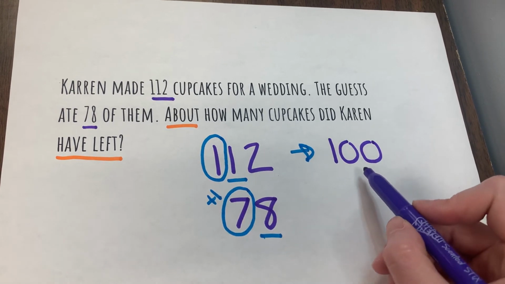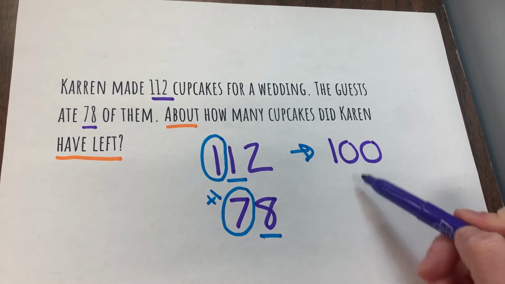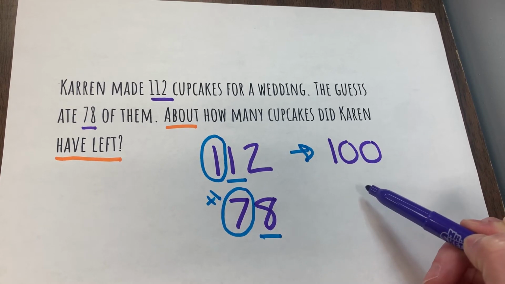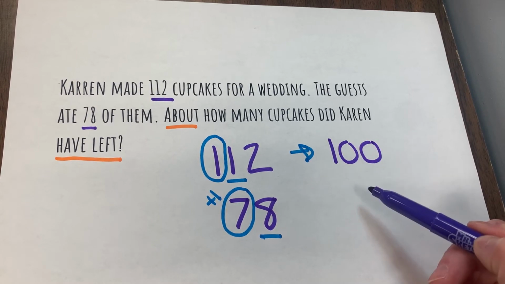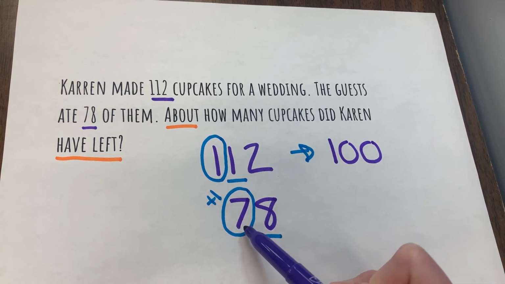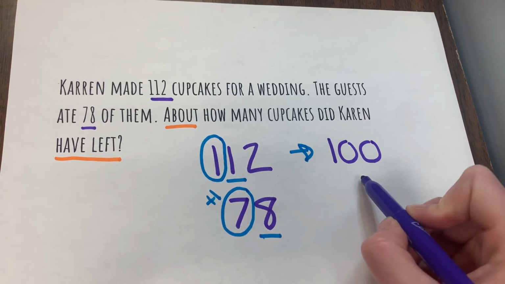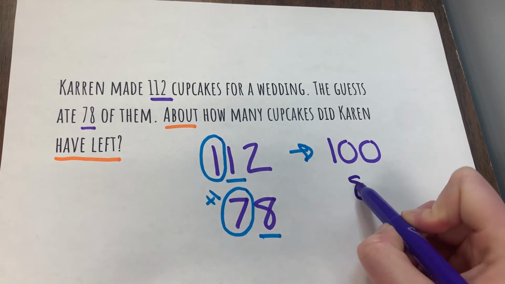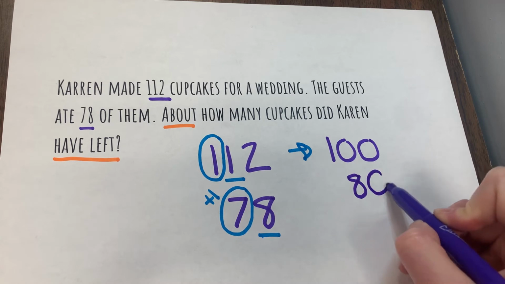Now when I go to write this 8, I want to make sure I'm putting it underneath the tens place. Remember, when writing these word problems horizontally, you need to line up the place values. The 7 is going to turn into an 8, and it's in the tens place. Well, this 0 is in the tens place, so I'm going to put it directly underneath that 0. All the digits to the right, which is just the 1, turn into zeros.